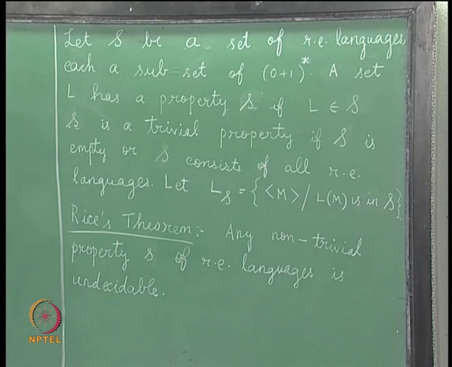What is Rice's theorem? Let S be a set of recursively enumerable languages, each a subset of (0+1)*. That is, without loss of generality, we assume that the alphabet consists of only 0, 1 and blank. Input alphabet is 0 1, apart from that you have the blank.